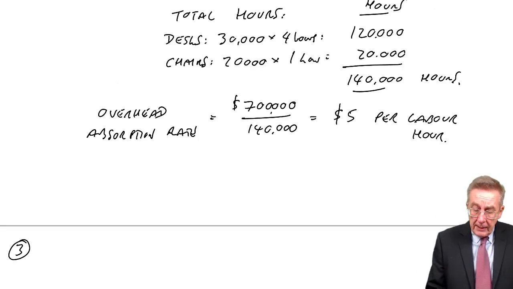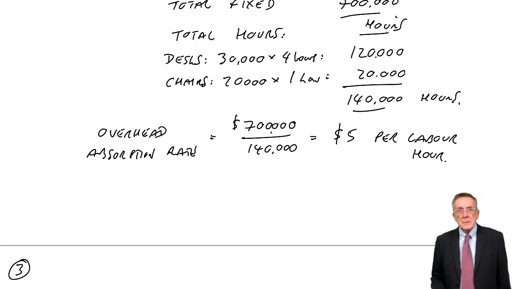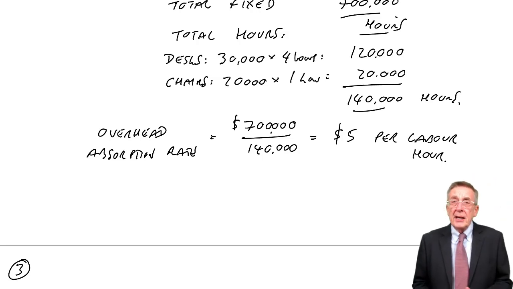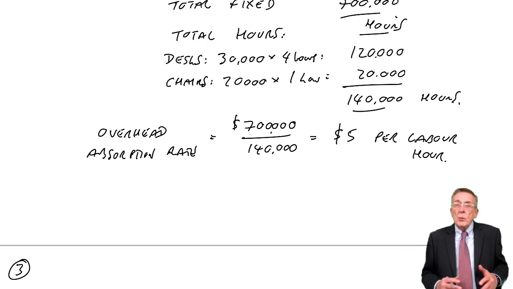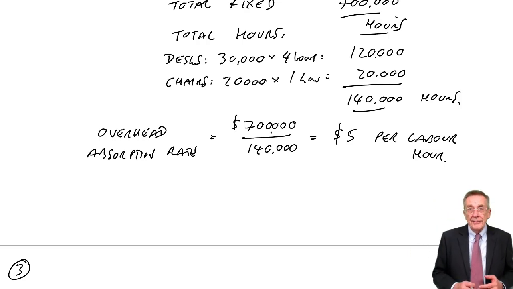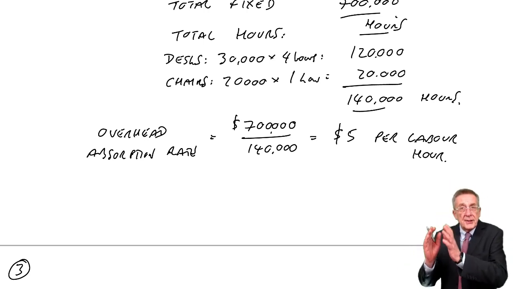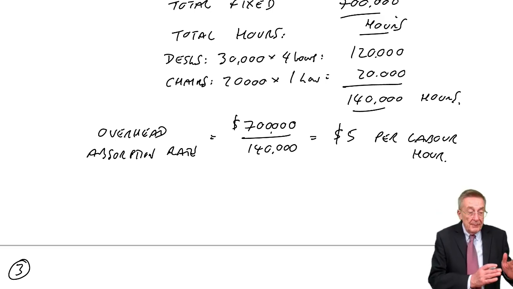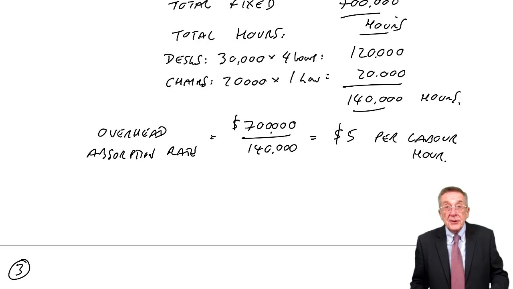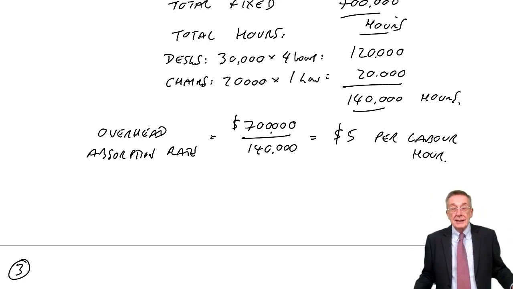So it's basically the same question as before. And last time I did labour hours, I said, oh, it's $5 per hour. The difference here is because we've 2 separate departments, would it not perhaps be fairer to calculate a cost per hour in the assembly department and separately a cost per hour in the finishing department? All we've done in the previous one is work out a cost per hour for the whole factory.